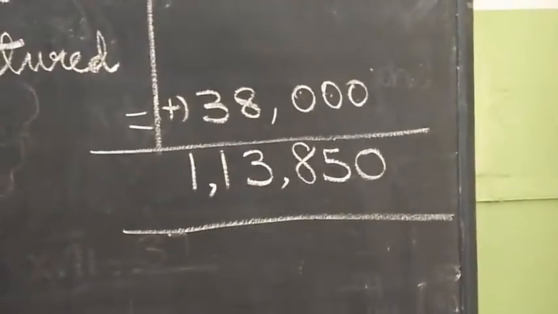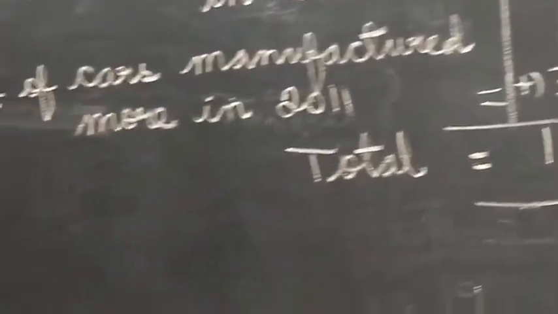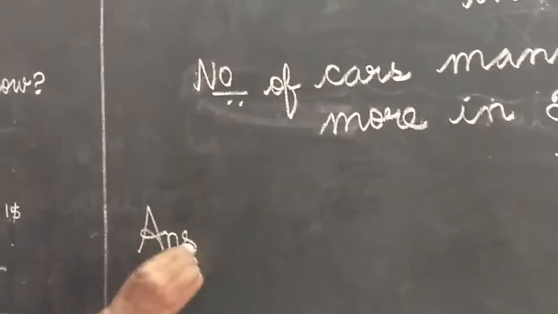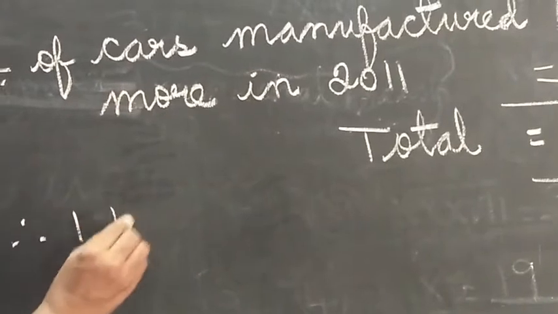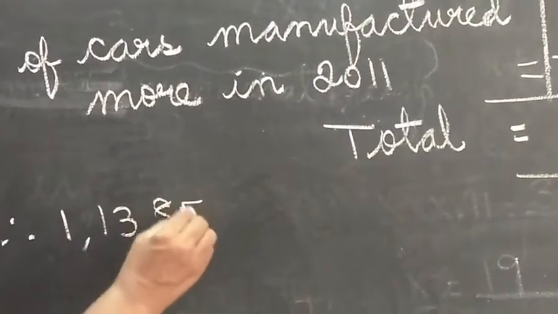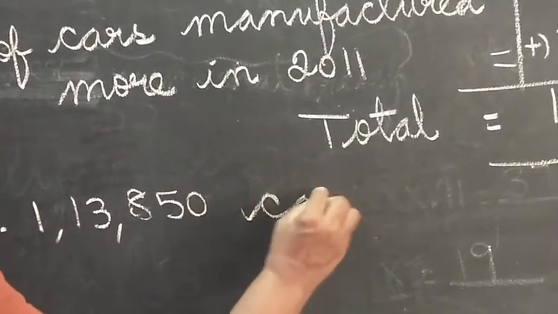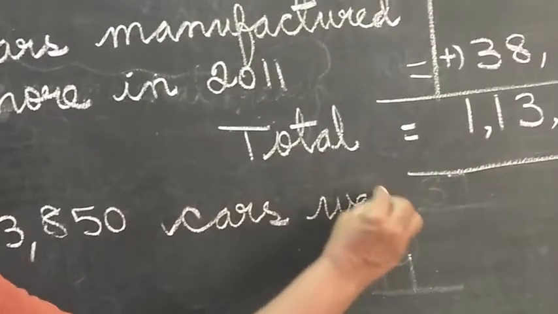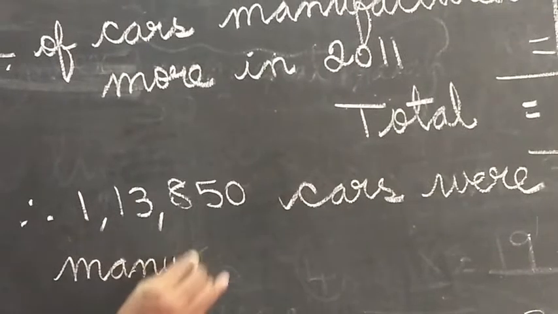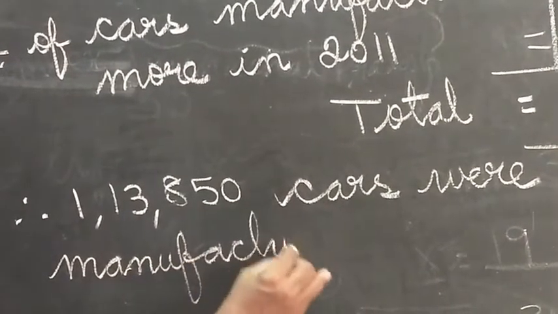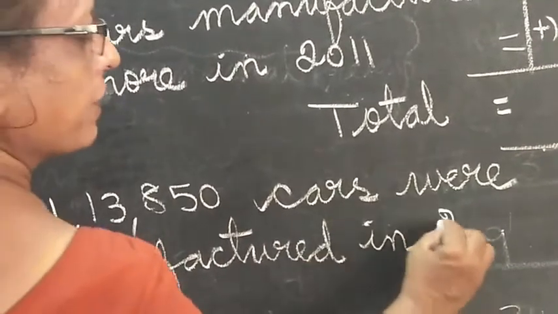1,13,850. So now we will write total and then we will write the answer down. Okay, children? So answer what will come? Therefore 1,13,850 cars were manufactured in 2011.